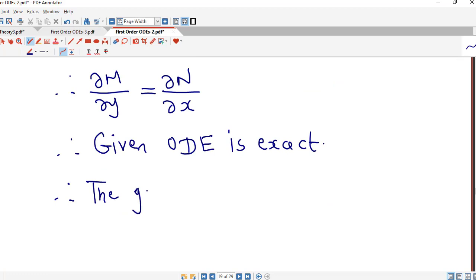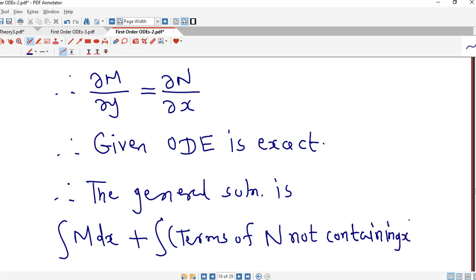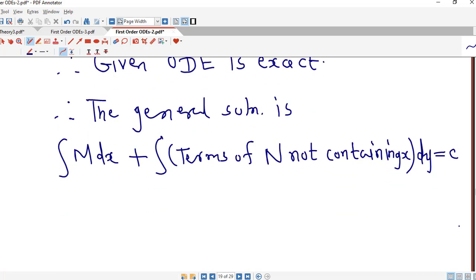So we write down its general solution. The general solution is the integral of M with respect to x considering y as constant, plus the integral of the terms of capital N not containing x, with respect to y, equal to c. Here we treat y as constant while integrating with respect to x.